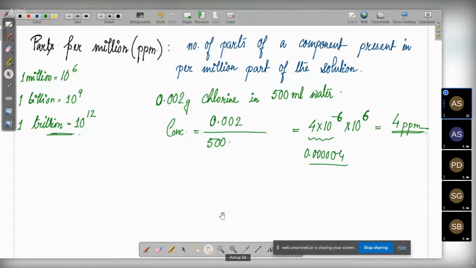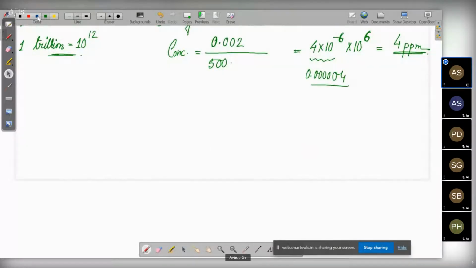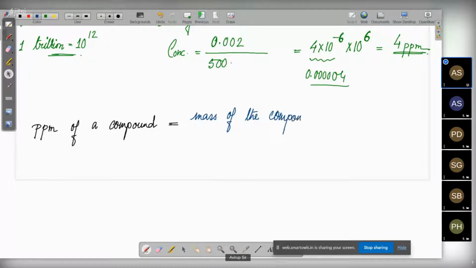So let us see the formula for parts per million. That is, ppm of a compound is equal to mass of the component divided by total mass of solution, into 10 to the power of 6.